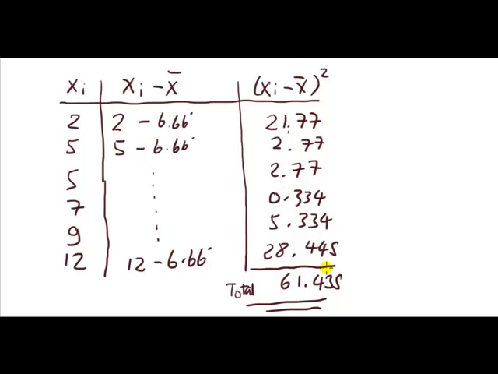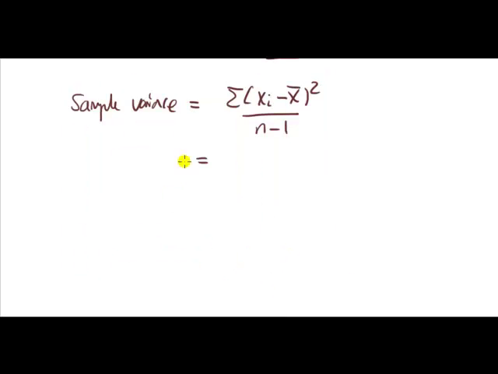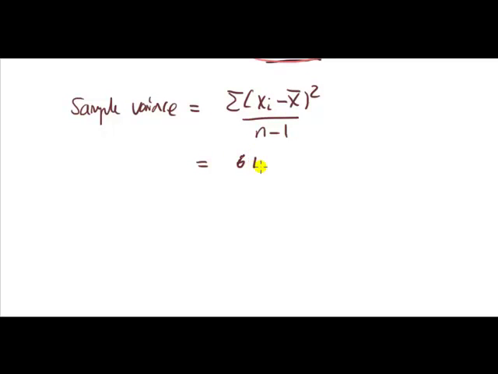Okay, so we've got everything necessary now to compute the sample variance. Here is the formula again. What we've just calculated is the numerator. So that is 61.435 divided by n minus 1, that is 6 minus 1.